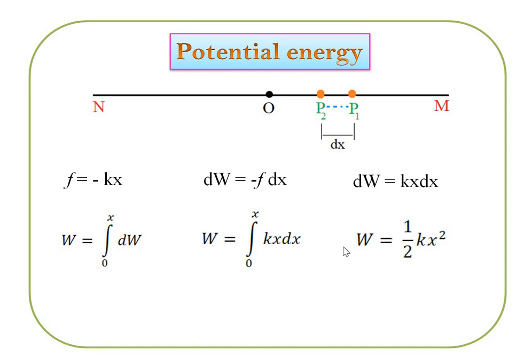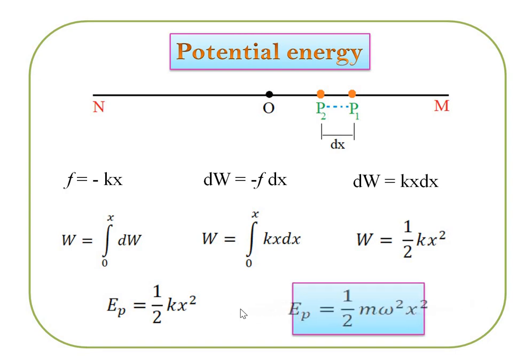This work done is stored in the form of potential energy. So the potential energy has the formula half k x square. That means potential energy equals half k x square, where the force constant k equals m omega square. So the potential energy formula in the new format is half m omega square x square. Remember, this is the potential energy formula.